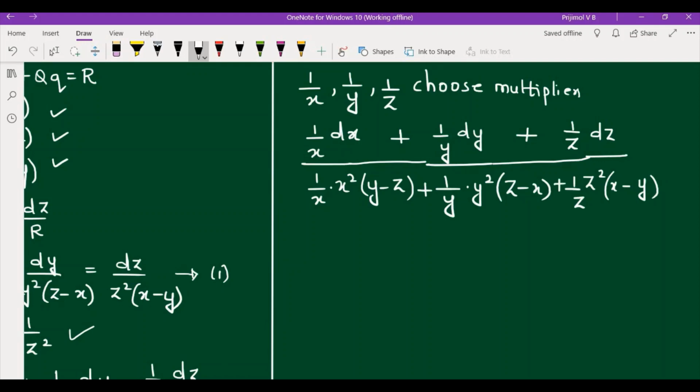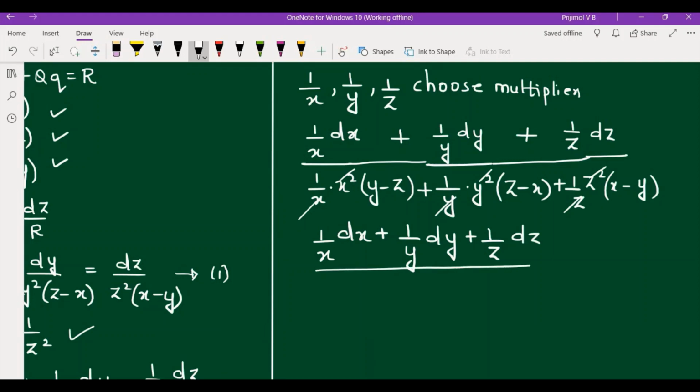Okay, see, you can simplify this. We have common terms, you can cancel the common terms, so you will be left out with 1 by x dx plus 1 by y dy plus 1 by z dz, the whole divided by, if you open the bracket, you get x into y minus z plus y into z minus x plus z into x minus y.